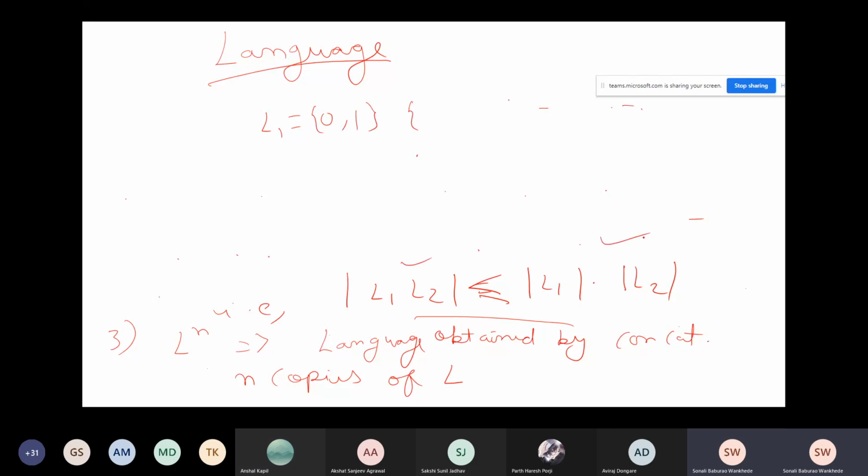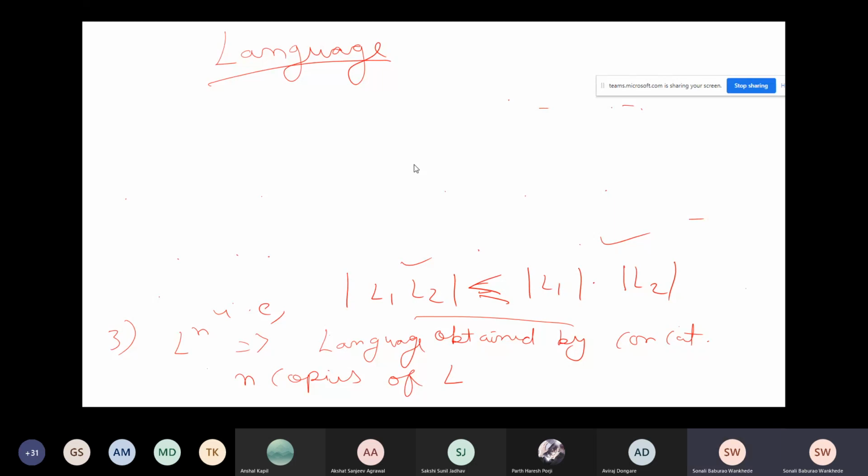Okay, the second property was the number of strings in L1 dot L2 is always less than or equal to the product of individual numbers.